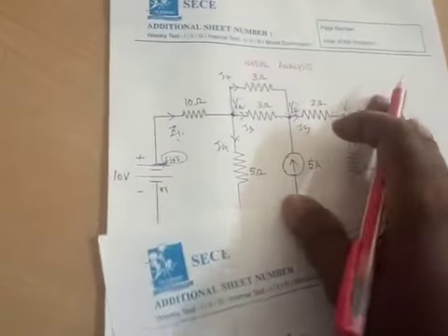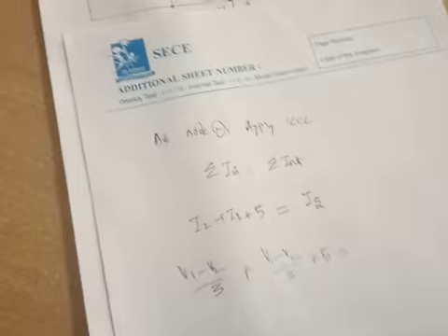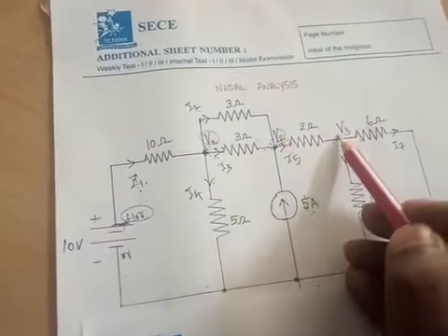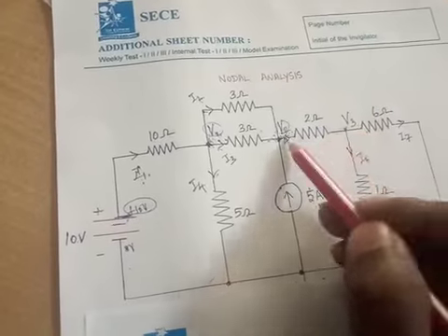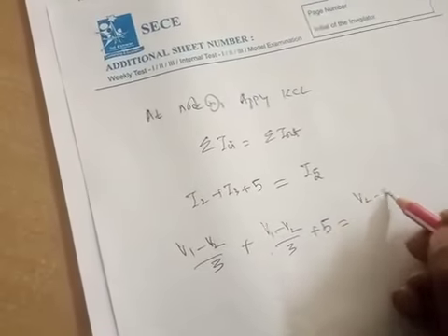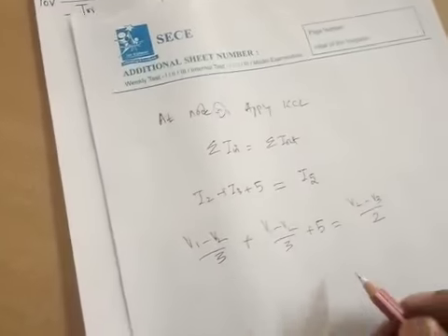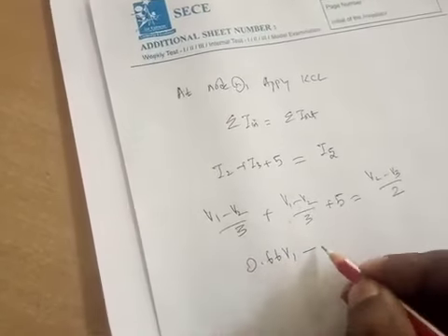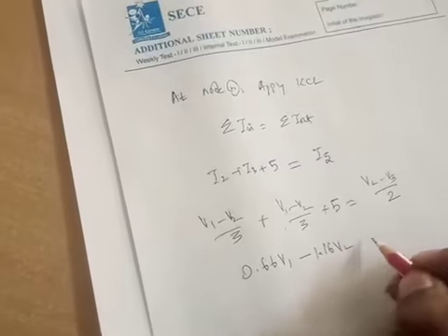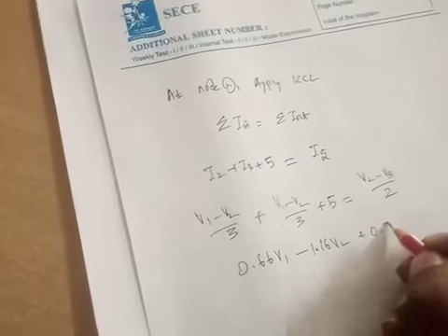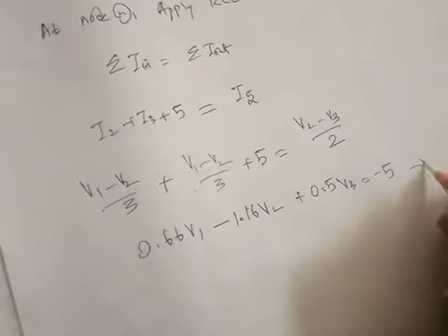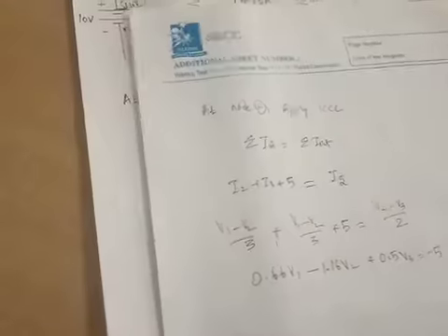You no need to label it. I5 is flowing from V2 to V3 potential. So V2 minus V3 divided by 2. Solve this equation. You will get 0.66 V1 minus 1.16 V2 plus 0.5 V3 equal to minus 5. Let it be equation number 2.